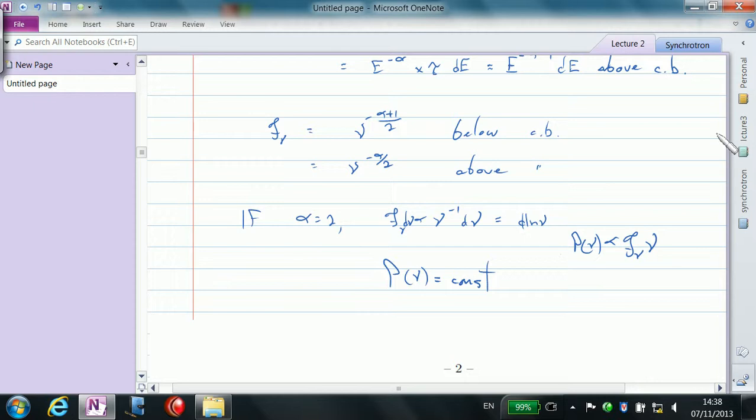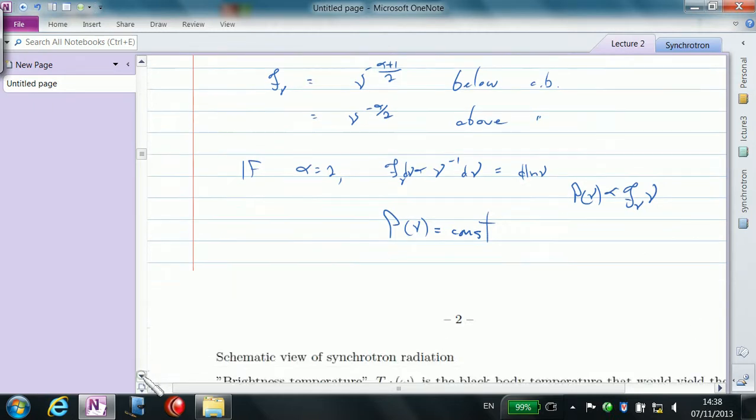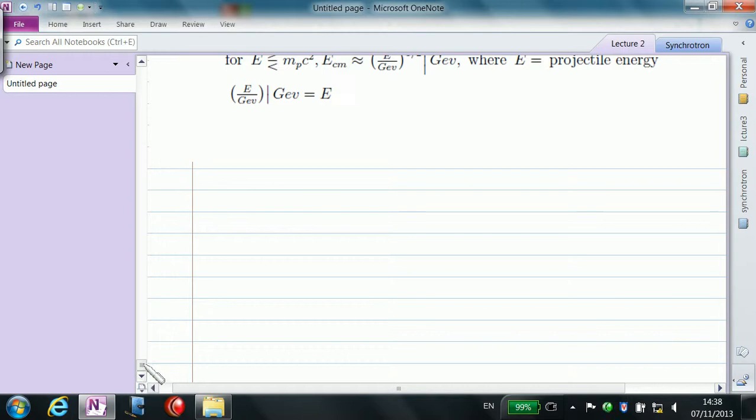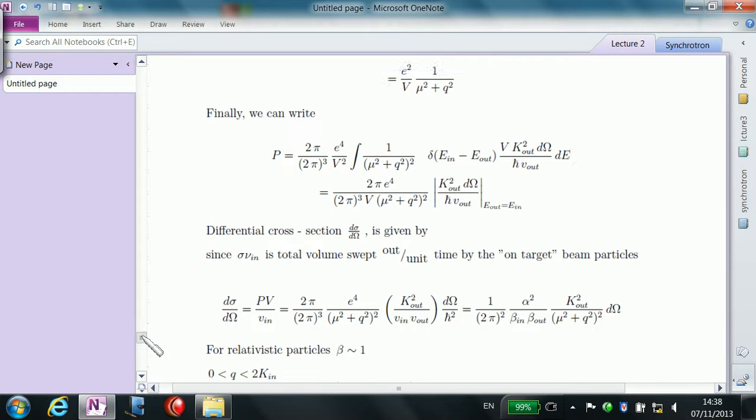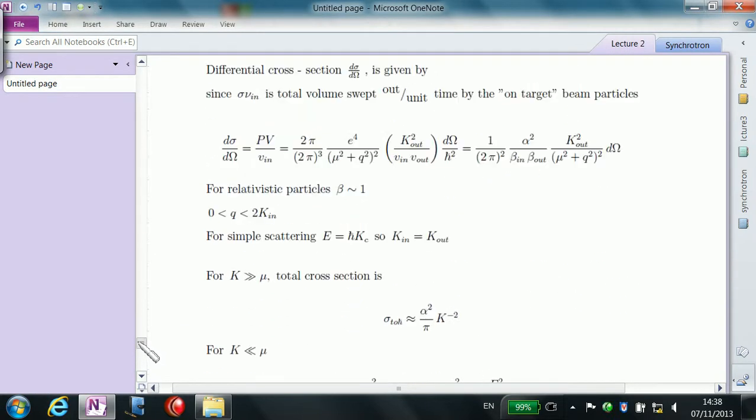And why does that make sense? Well, because the electrons had an equal amount of energy within each logarithmic interval, and they lost it because they cooled. So you knew that the amount of radiation you got above the cooling break had to be equally distributed in logarithmic intervals, just by the fact that the electrons cooled.